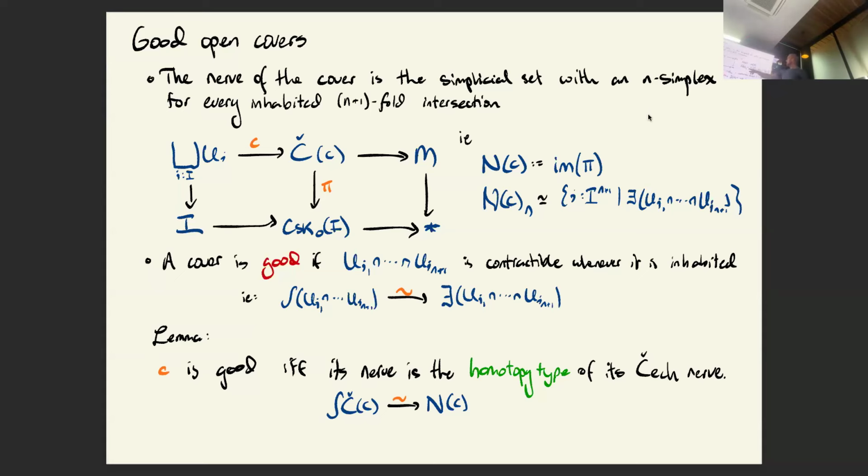And we know that the n-simplices of the nerve are the elements here such that there exists. We replace it with the shape. We then note that I being a discrete set, and I didn't say that, but we have to discretely index our cover for this to work, we can just sort of move the homotopy type through that. The homotopy type of a discrete thing is the same thing. So that's how we compute this lemma here.